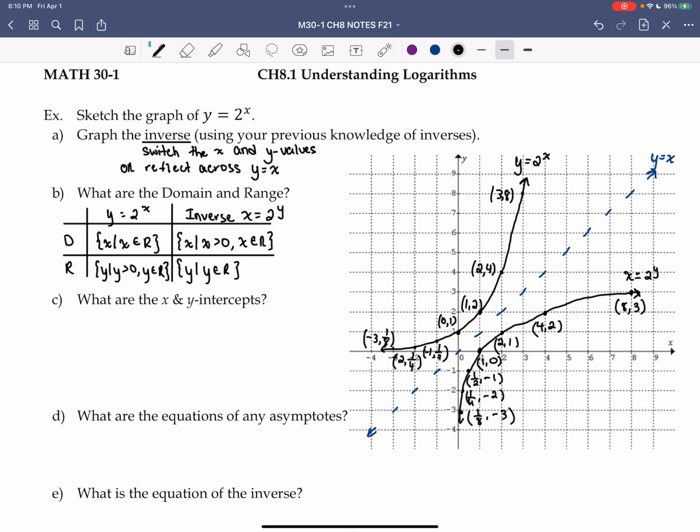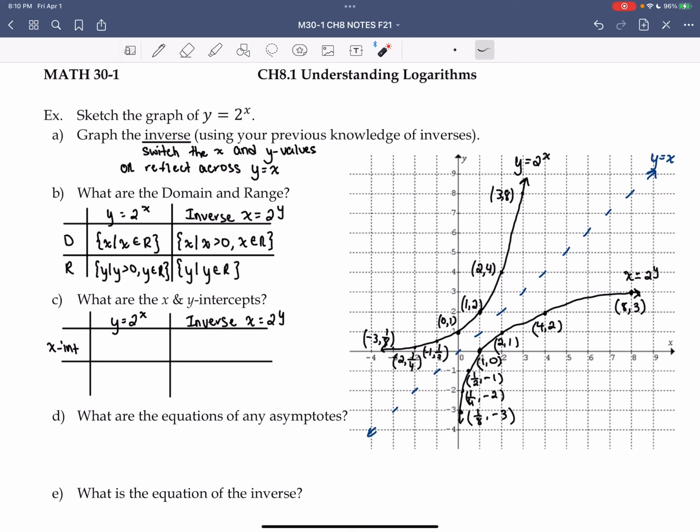Part C, what are the x and y intercepts? Again, let's do this for both graphs. y equals 2 to the power of x and the inverse, x equals 2 to the power of y. The x-intercept on y equals 2 to the power of x, we have no x-intercept because the range is y is greater than 0.